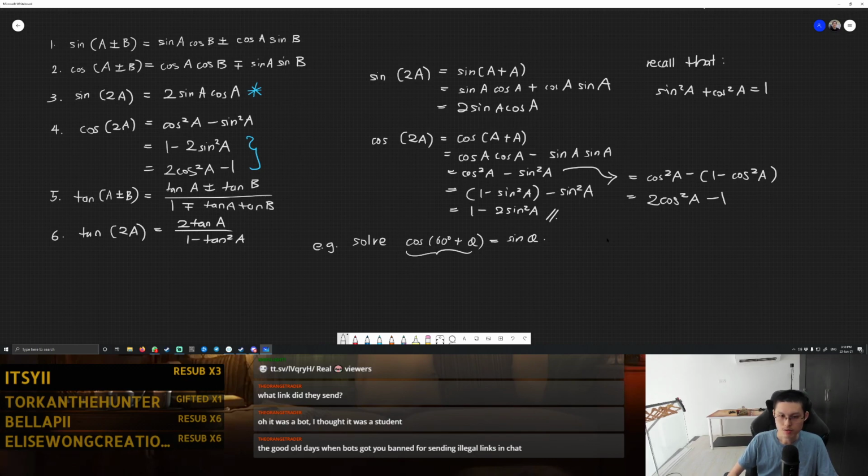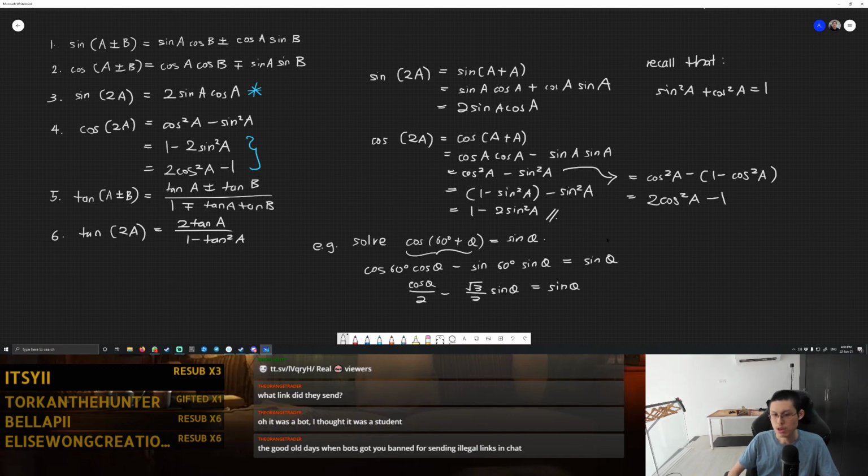So cos would give you cos cos minus sine sine, equals sine theta. And then we can use our calculator to get rid of the cos 60, which is a half. Sine 60 is root 3 over 2. So this is going to be cos theta over 2 minus root 3 over 2 times sine theta equals sine theta.